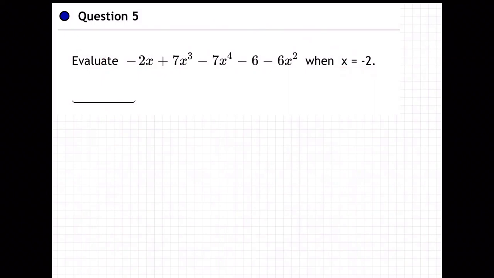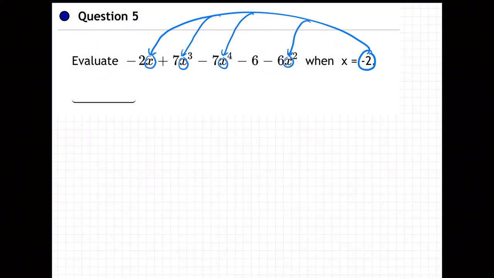So what that means is they want me to take this -2 and plug it in there for x, there for x, there for x, there for x. So I'm going to plug -2 in all those spots.